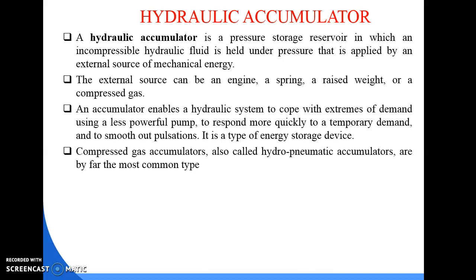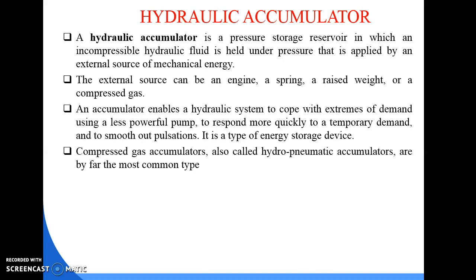The pressure energy is required for the transmission of force by the piston or any hydraulic device. The external sources of this accumulator are engine, spring, rest weight or compressed gas.